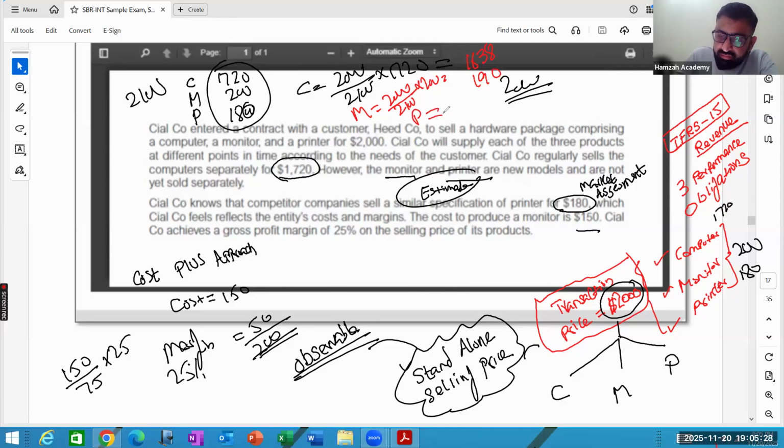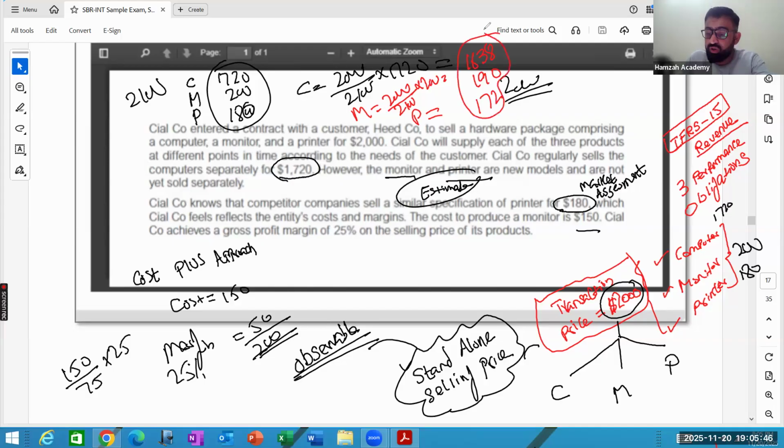and the remaining should be charged to printer, and that will be 172.